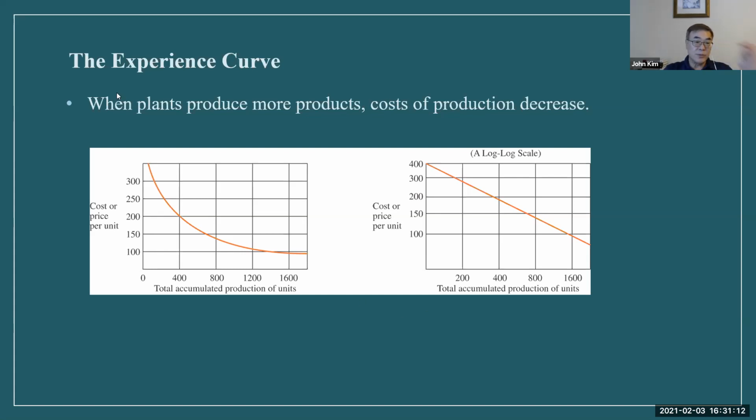From previous experience or learning, we can make something faster and faster, or cheaper and cheaper. We call this the experience curve. It looks like this. We will cover this part next week, chapter 4a. Anyway, time or cost decreases if we repeat the same job again and again. That is the experience curve or learning curve.